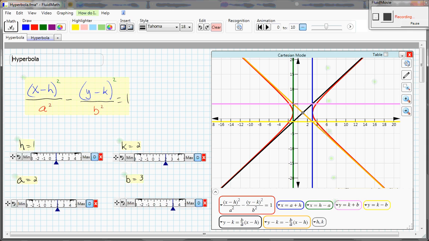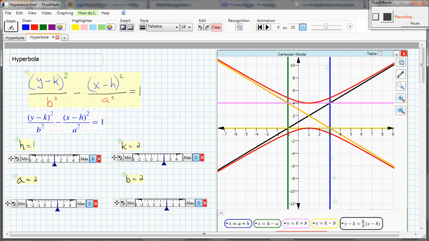Once you get that far, it's easy to look at the other form where y comes first. In this case, the branches open up and down, but it still has the same idea that you go from the center up and down the vertical stretch, and right and left the horizontal stretch to make this box.